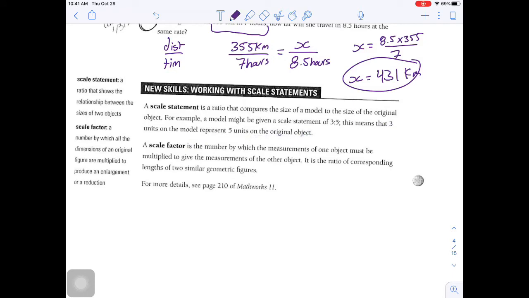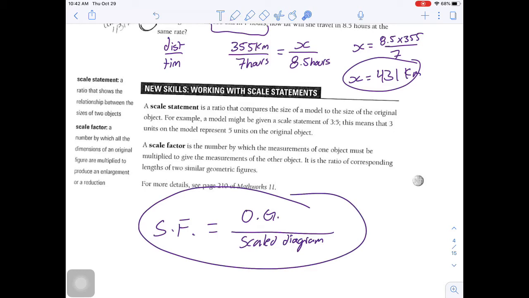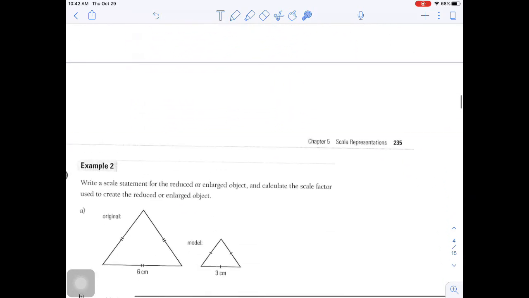So you always want, when you state these fractions, a scale factor equals an original number. So you can either do the original number dividing the scaled diagram, or vice versa, as long as you always use the same number on the top and the same numbers on the bottom. That'll make more sense once we do an example.